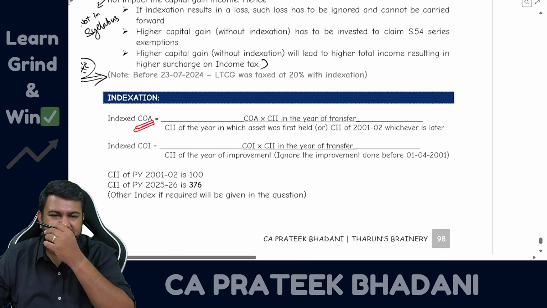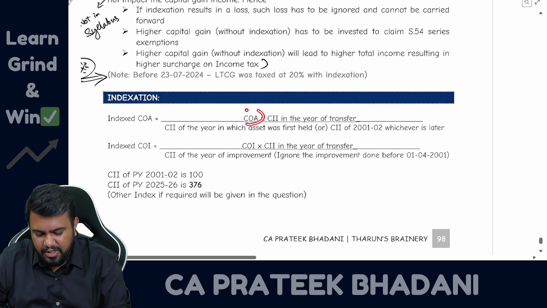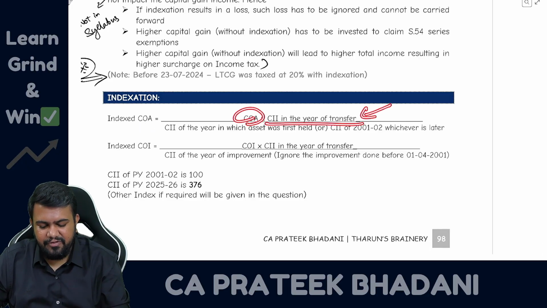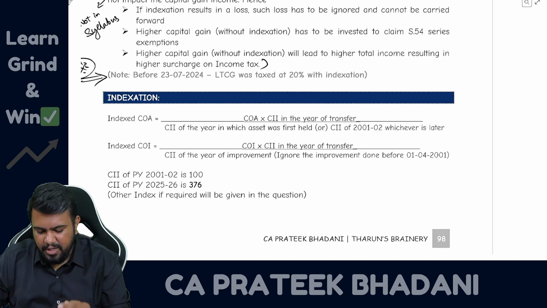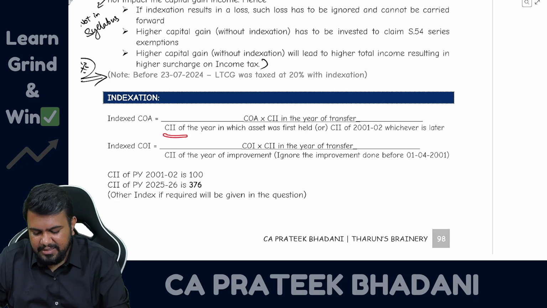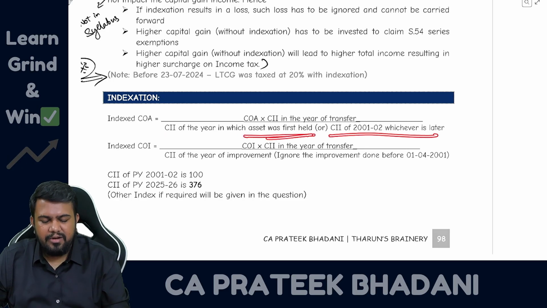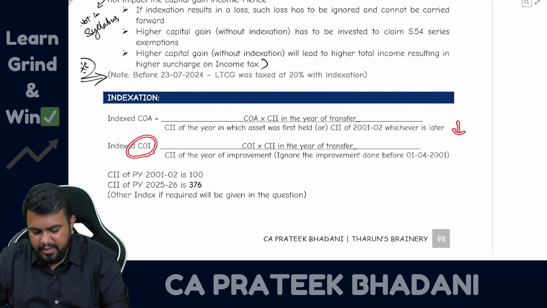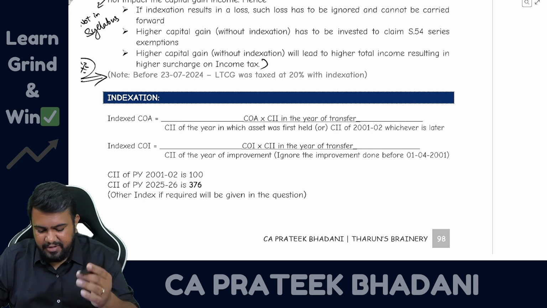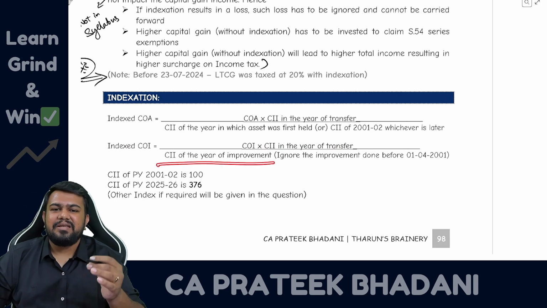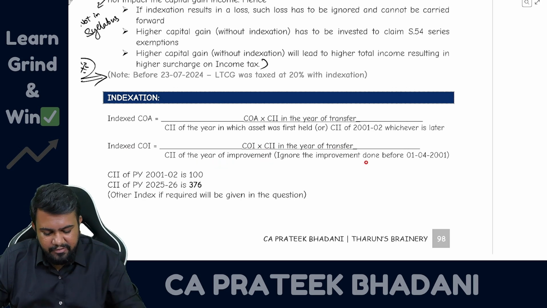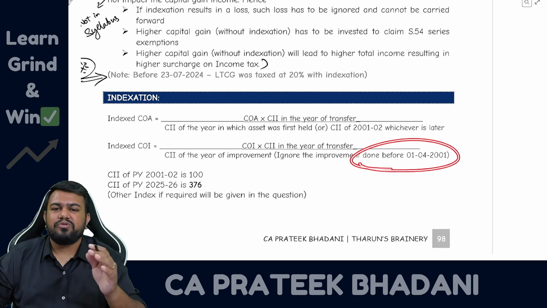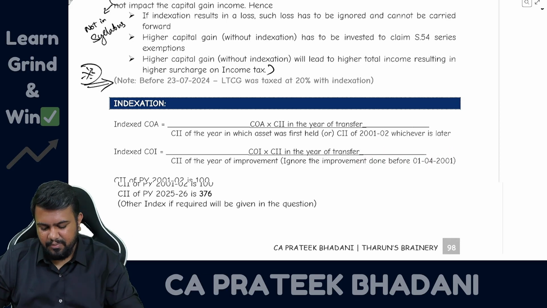Cost of acquisition, if you are finding the indexed value, is cost of acquisition multiplied by cost inflation index in the year of transfer, divided by cost inflation index in the year of first held, or 2001-2002, whichever is later. Then in case of improvement, you have to do cost of improvement multiplied by cost inflation index in the year of transfer divided by cost inflation index in the year of improvement. However, if improvement is done before 1/4/2001, you should ignore the improvement.